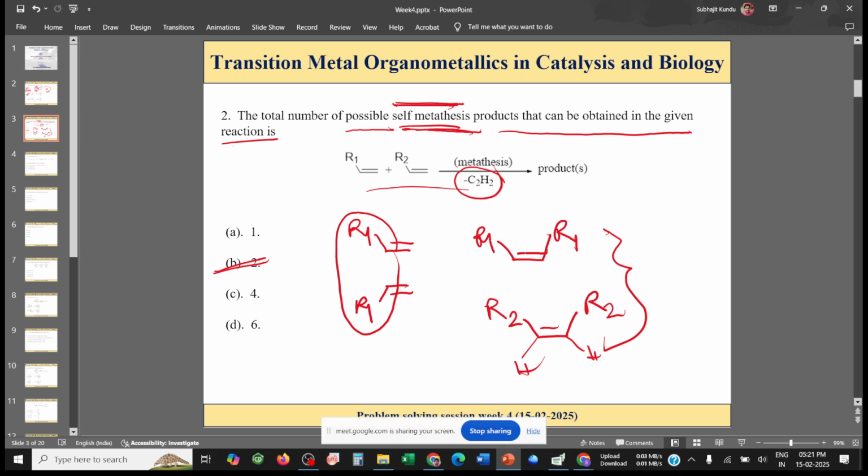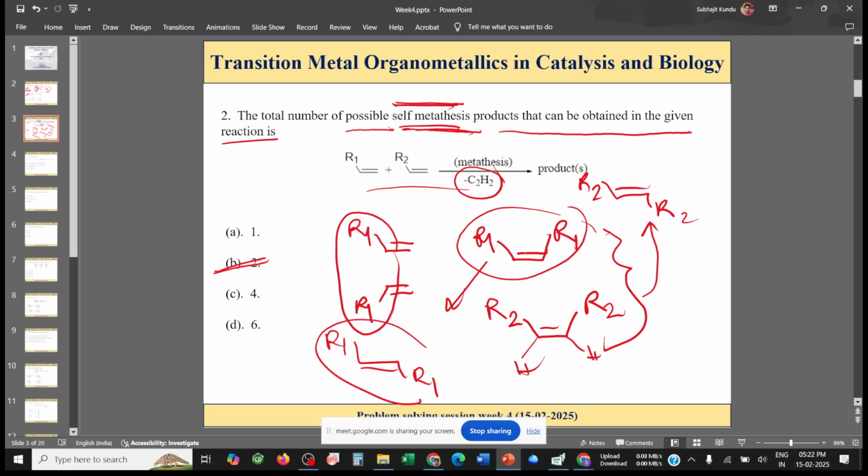So depending upon the metathesis product from the R1 we can also have R1 of this type of product. Also from this we can have R2, that is this product. That means the cis isomer as well as the trans isomer from both the alkenes is possible.